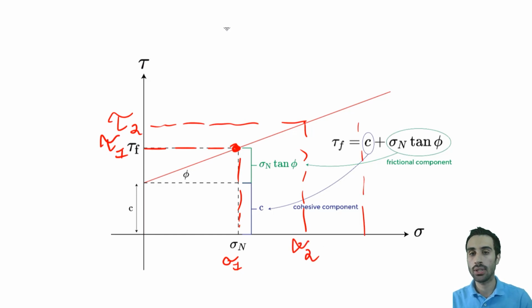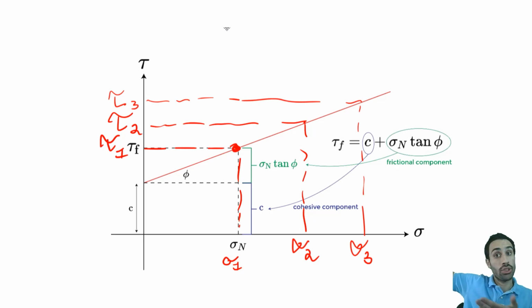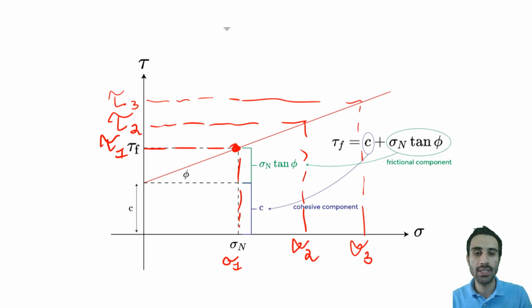And we plot another one, and we get tau 3 and sigma 3. With those points, we can connect them by a straight line, and we get that Mohr-Coulomb failure envelope. That's generally the steps we take. And from that envelope, we can get important soil properties, such as the internal friction angle. That's the overall idea of the direct shear test.